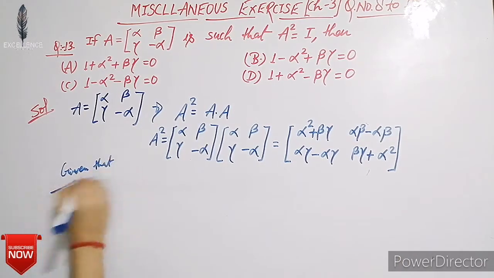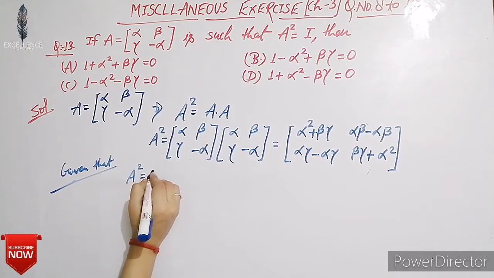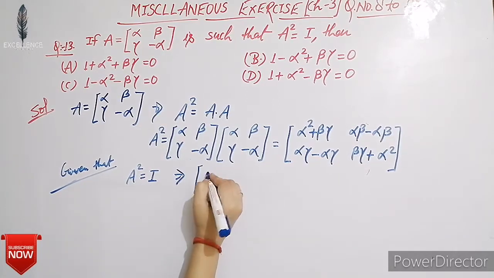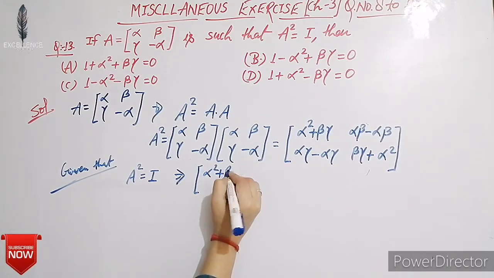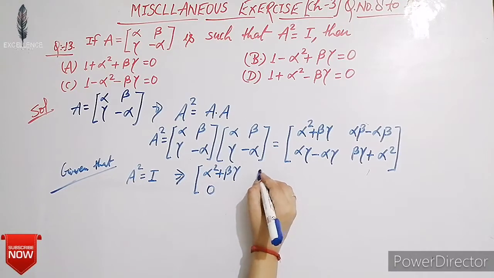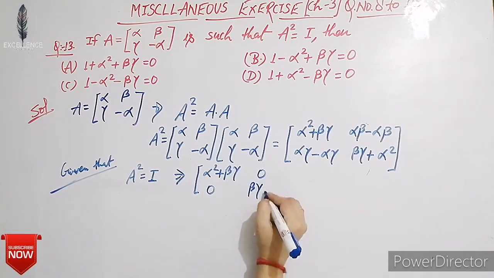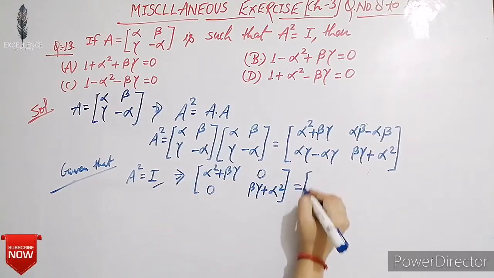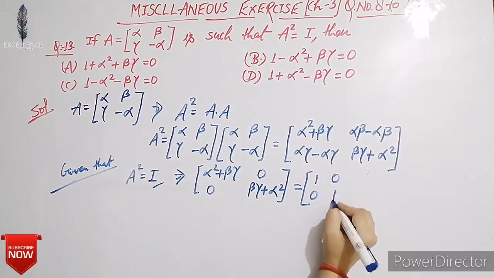Second by second, then we get beta gamma plus alpha square. Now given that A square is equal to I, where I is the identity matrix. Now put the value of A square, that is alpha square plus beta gamma, alpha gamma minus alpha gamma 0, here also 0, here beta gamma plus alpha square is equal to I, that is the identity matrix 1 0 0 1.